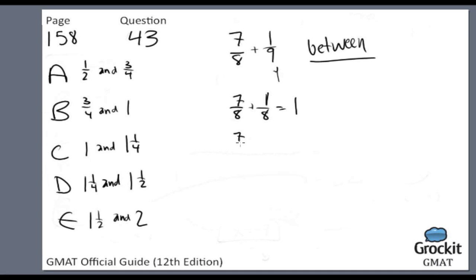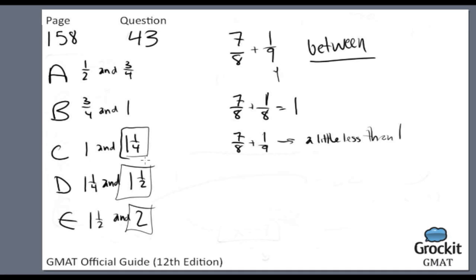So 7/8 plus 1/9 would be a little less than 1. If it's a little less than 1, any of these answer choices that have the boundary larger than 1 cannot be right. So we can say boo to you, choices C, D, and E.